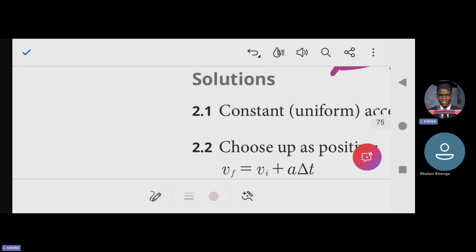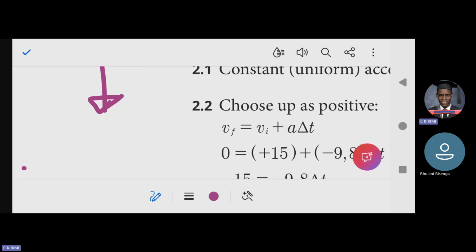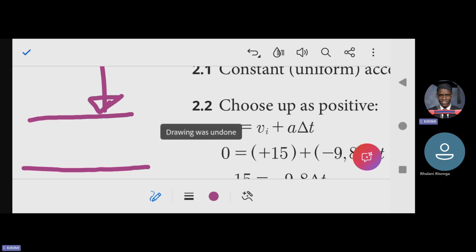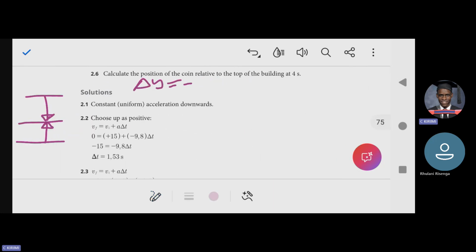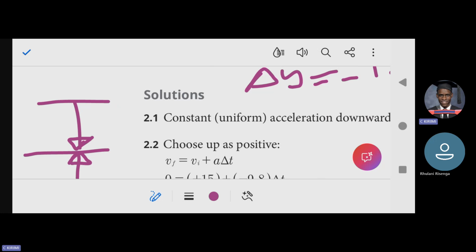Then they will ask this one, which is above the ground. So first you must calculate the one which is below by using that formula. The formula will only give you the negative 18.4, which means it's 18.4 meters below there.